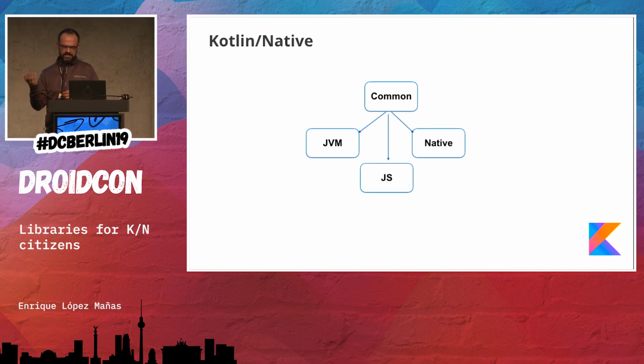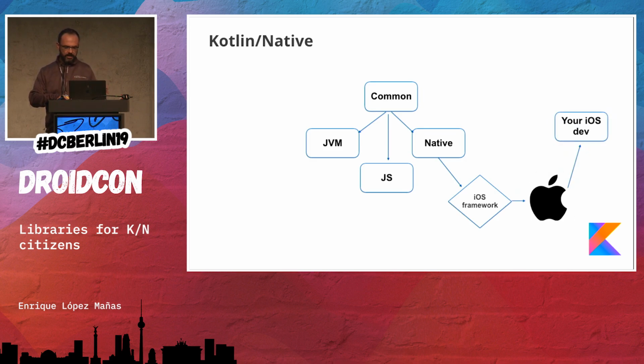We will have also a JS module that is not exactly compiled, it's transpiled, but essentially generates code that we can access from JS. And for the iOS developer, it would work like this: you will have an iOS framework that your iOS developer will access. And for the Android developer, you will generate a library that can be accessed from your Android application.